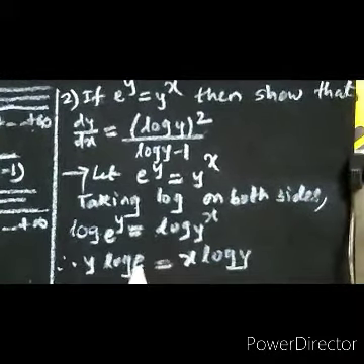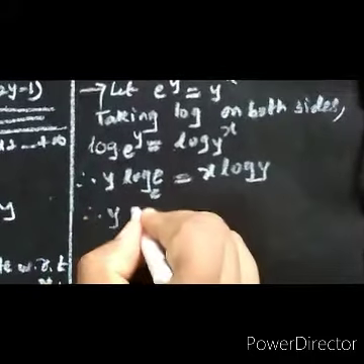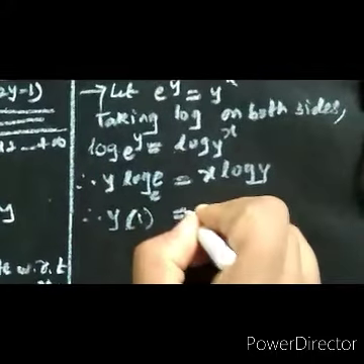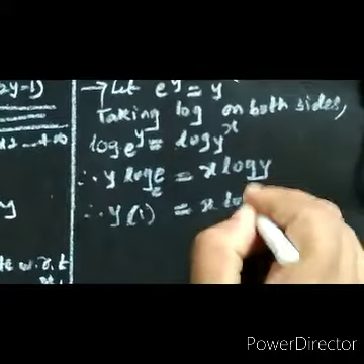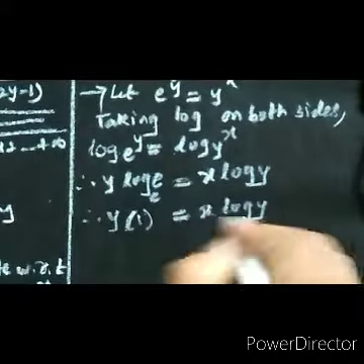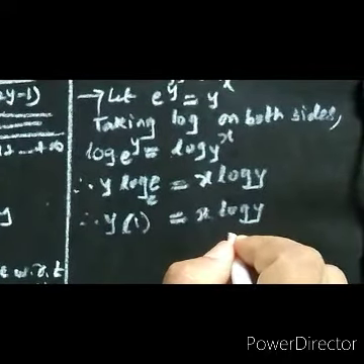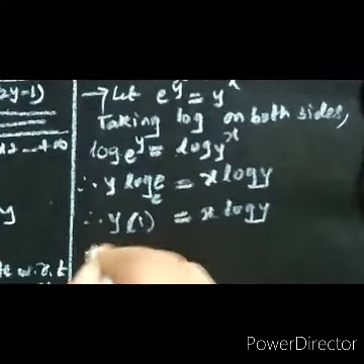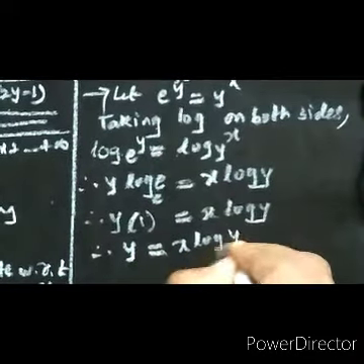Now log e to the base e is equal to 1, therefore y into 1 is equal to x log y. Now here two functions are multiplied to each other, therefore we can use the derivative of u into v pattern. So here we got y is equal to x log y.